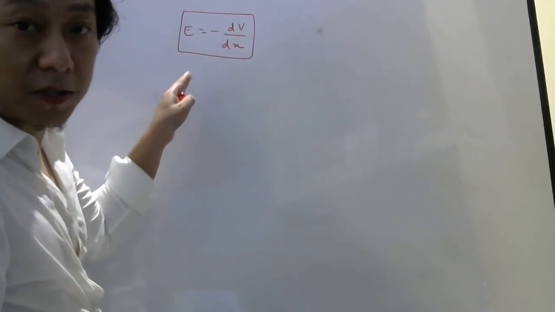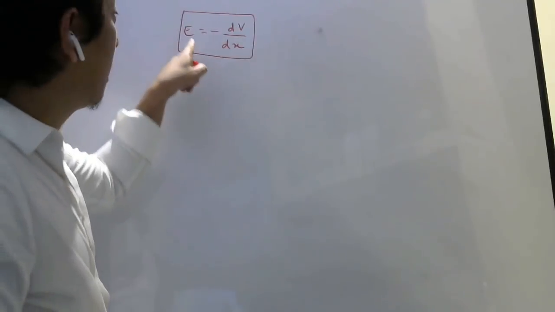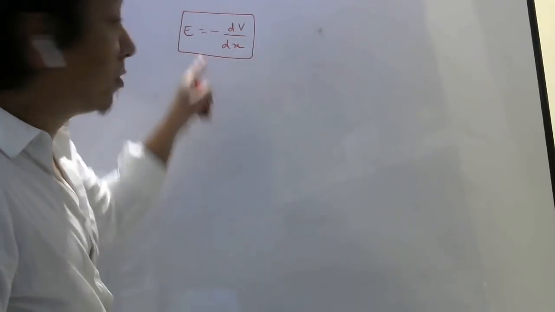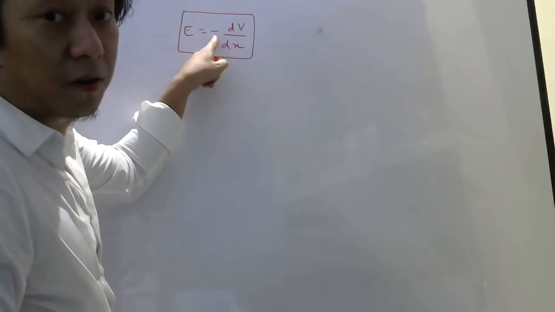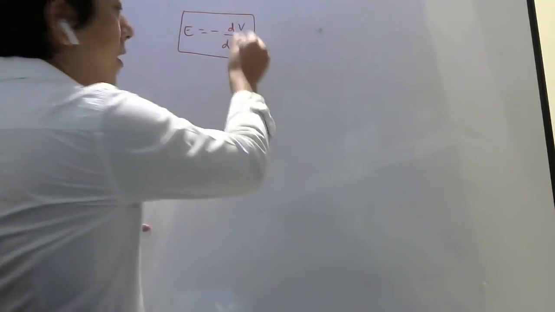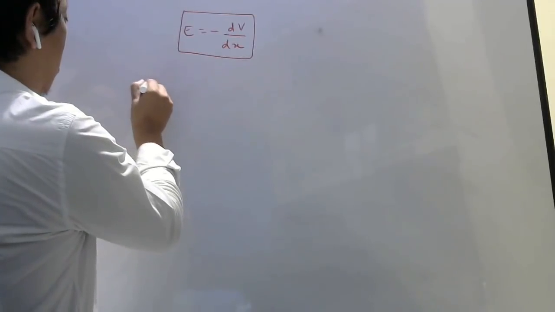So you saw just now I derived this formula between electric field and potential. So electric field is negative of dV by dx. And if you remember, what is dV by dx? The rate of change of potential with respect to x. So a few important notes you make.